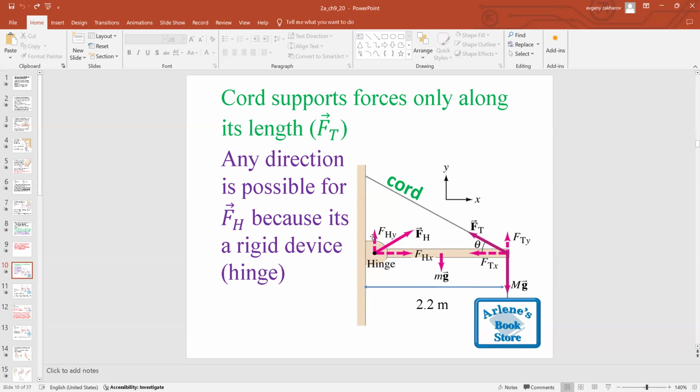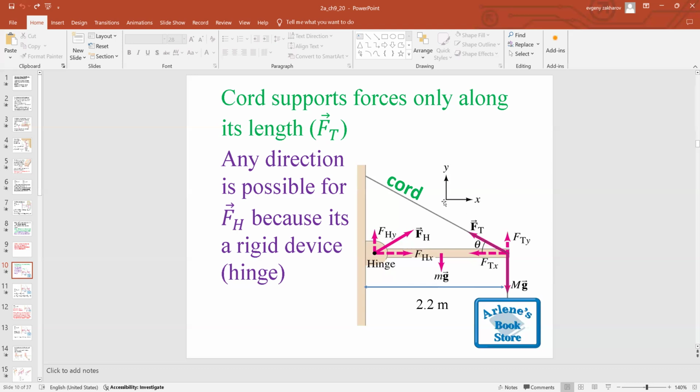But for a hinge, as you can see, you have some y component, the vertical component, you have some unknown x component, and then there is a vector sum between the two components, and this F sub H, F sub hinge, is just a random direction which you can't predict, you can't guess, you just have to solve for it based on the other components that you have from other forces.